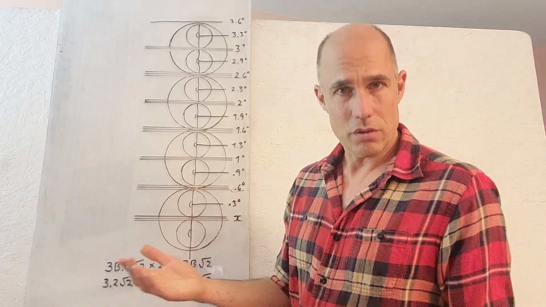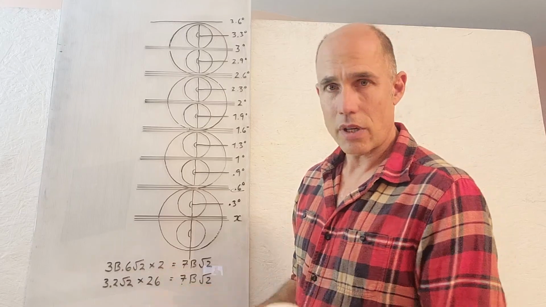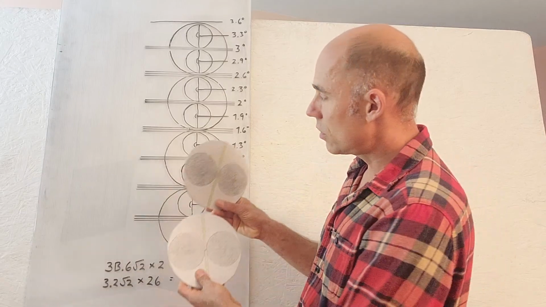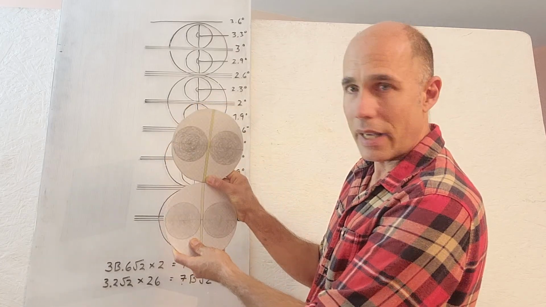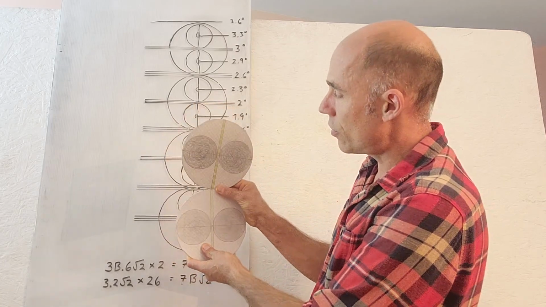What I'm going to point out is that there comes a point when these circles themselves are going to be exactly above each other in a straight line.